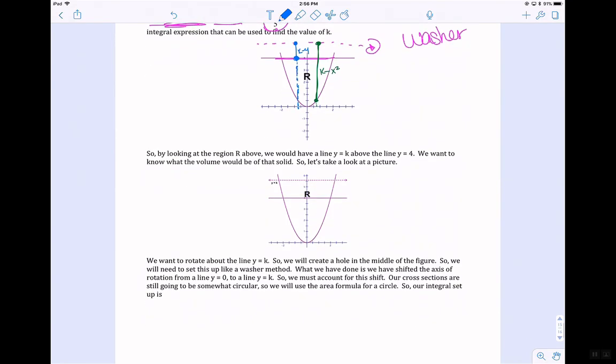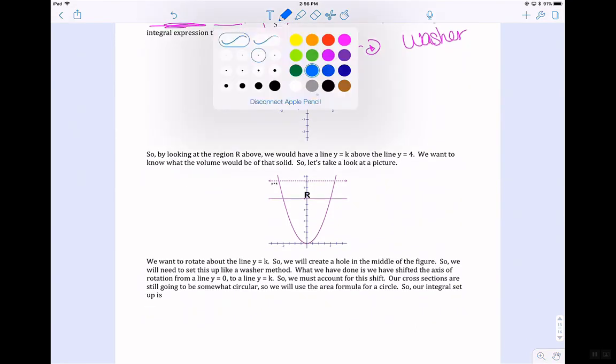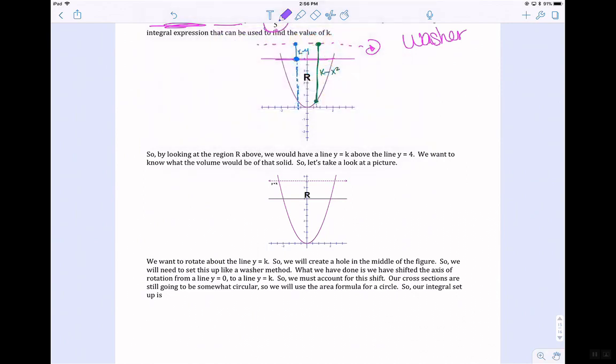Okay, so now I'm going to set this up. It says write but do not evaluate. So I have 256 pi divided by 5 is equal to the antiderivative. I need to figure out what the bounds are.